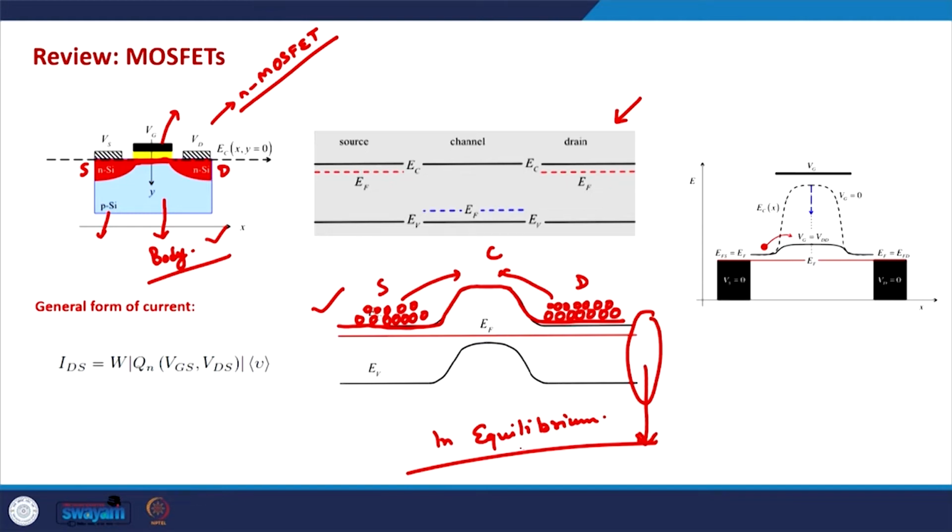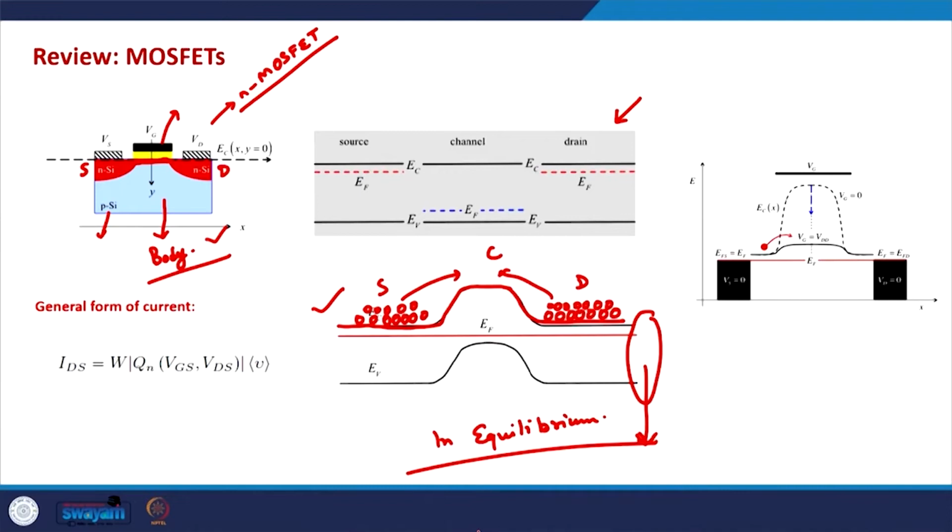That's essentially responsible for creating unequal probability for electrons to cross from the source side as compared to the probability for electrons to cross from the drain side.